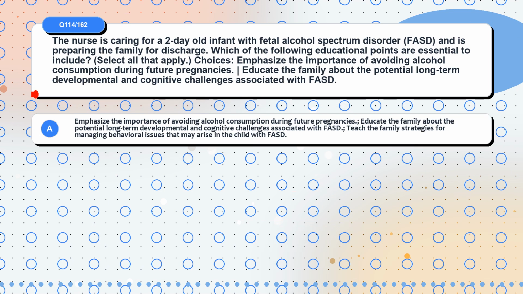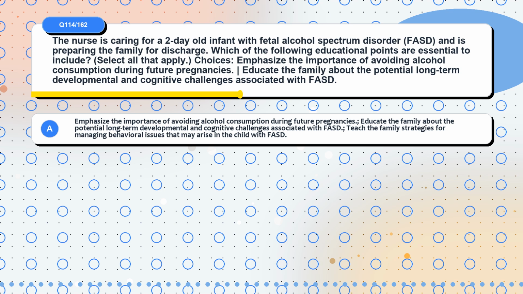Question 114. The nurse is caring for a 2-day-old infant with fetal alcohol spectrum disorder, FASD, and is preparing the family for discharge. Which of the following educational points are essential to include? Select all that apply. Choices: emphasize the importance of avoiding alcohol consumption during future pregnancies.